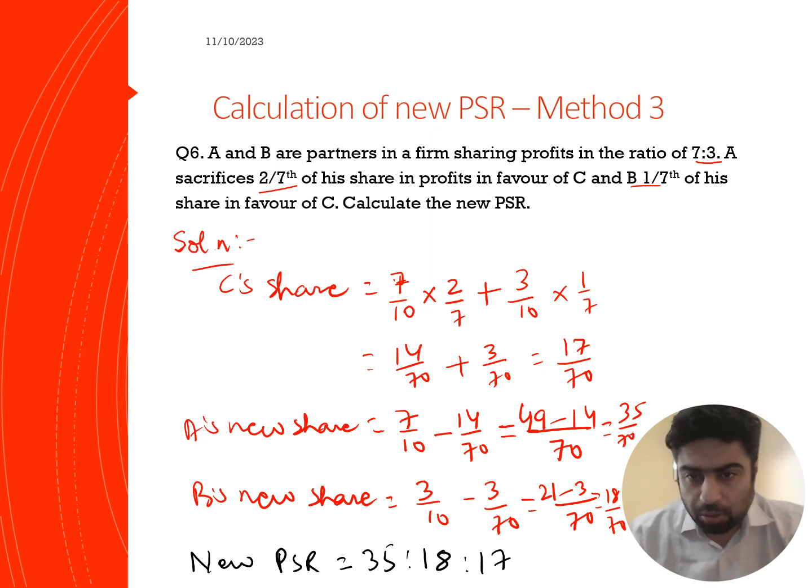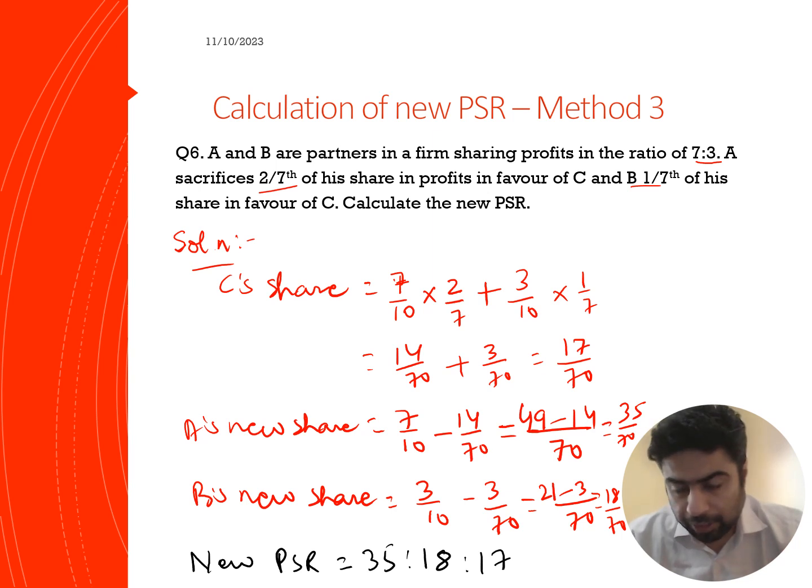We have discussed all the three methods of calculating the new profit sharing ratio. It is essential for every student to be able to differentiate regarding the manner in which the new PSR has to be calculated, because all these three different cases require a different way of solving, and T.S. Grewal and D.K. Goel do not specifically mention that these are the different methods through which you can solve, but I have thoroughly explained with the help of this video that there are different solutions to these kinds of problems, right?